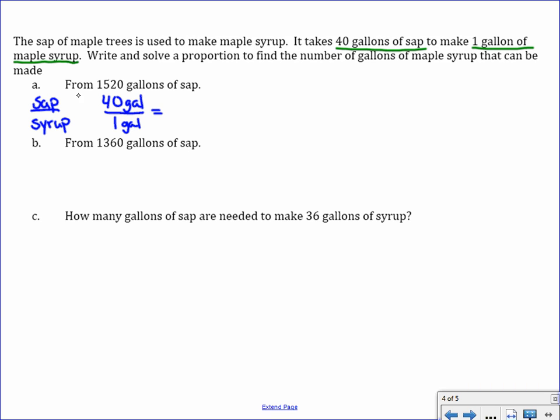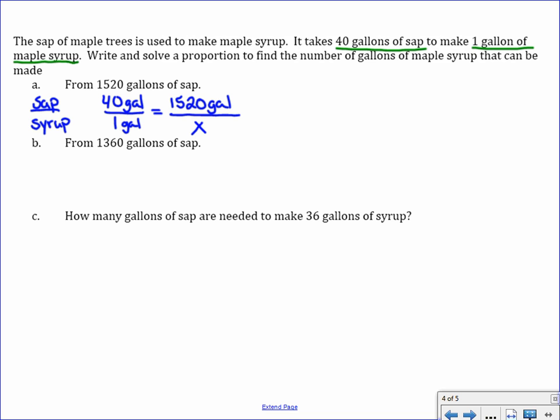And that is equal to, since we have 1,520 gallons of sap, I want to put that on the top because that's where our sap goes. And the syrup, what we don't know, will go on the bottom. Now, I don't know what number times 40 is going to give me 1,520.